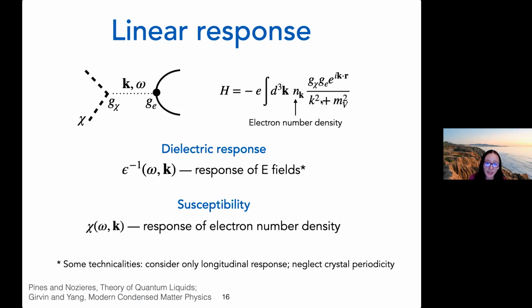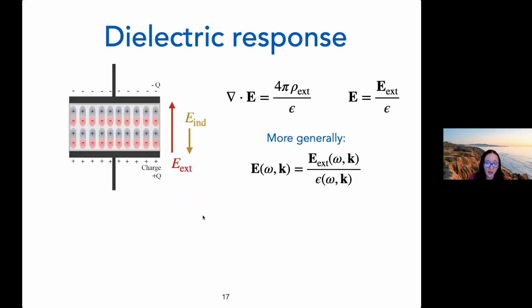In the presence of this perturbation, the system will have a response function, of which there are two that I'll discuss. One is the dielectric response, which is the response of the electric fields in the medium. The other is the susceptibility, which is the response of the electron number density in the medium. The first one, the dielectric response, is the familiar one from electromagnetism.